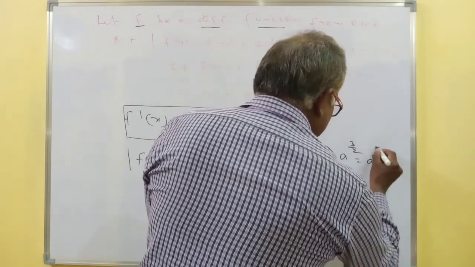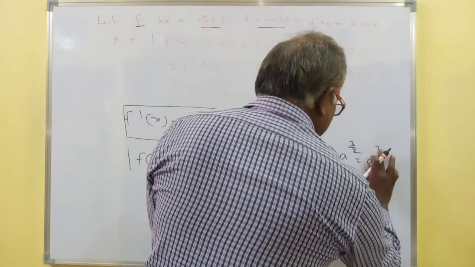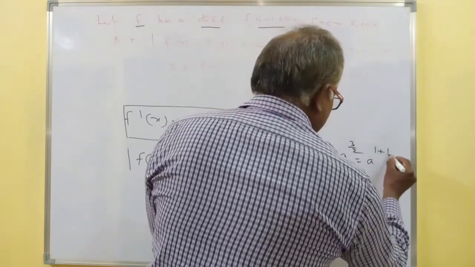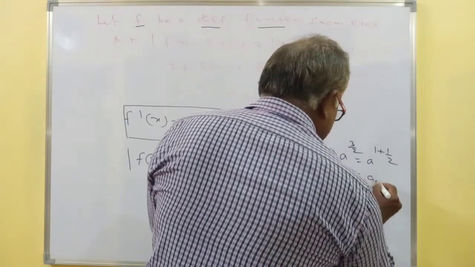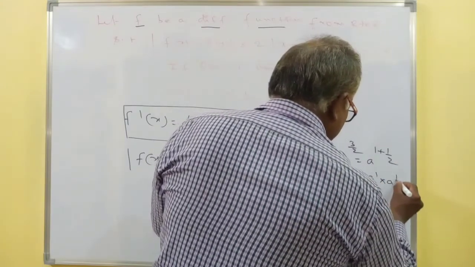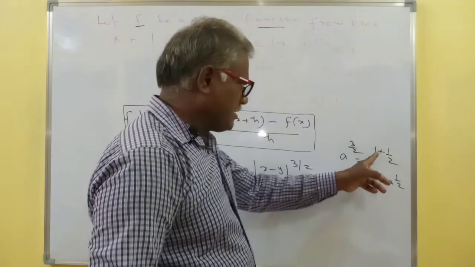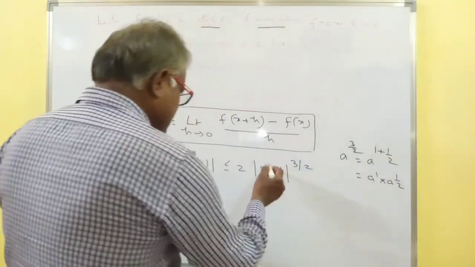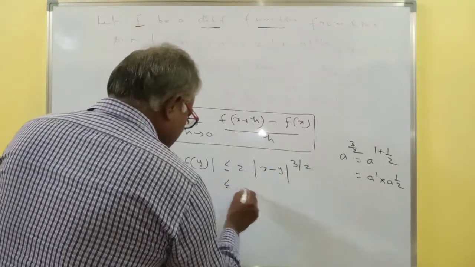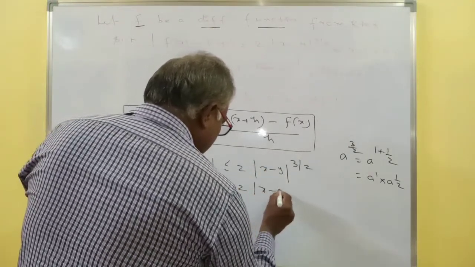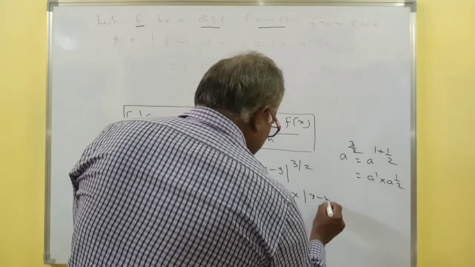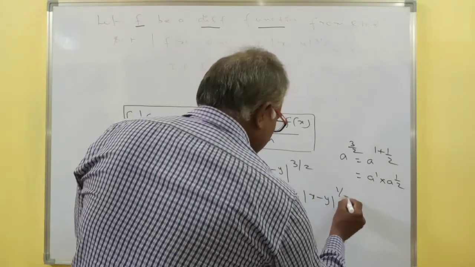This you can write as 1 plus 1 by 2. That means a power 1 into a power 1 by 2. Here a power m plus n is equal to a power m into a power n. So, in the same way, this you can write as 2 into modulus x minus y into modulus x minus y whole power 1 by 2.